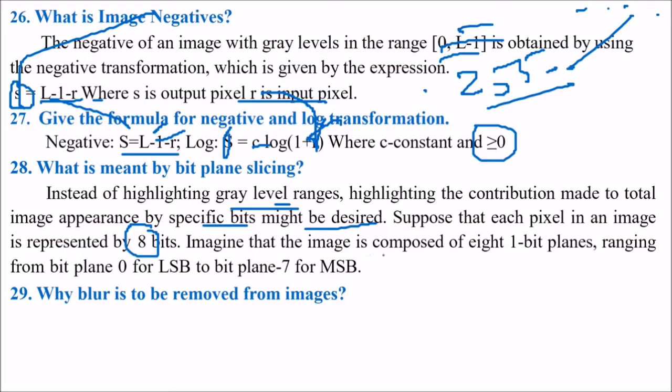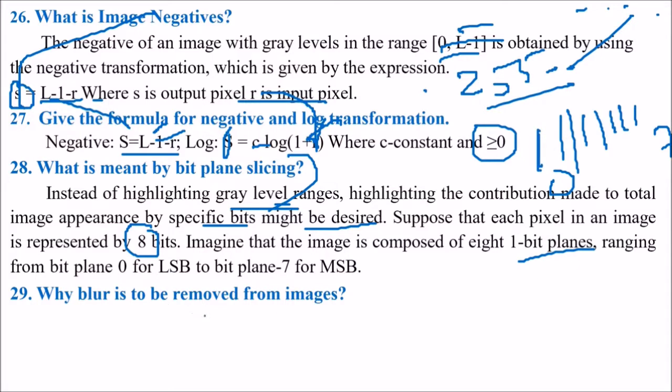So imagine that the image is composed of eight 1-bit planes, ranging from bit plane 0 for the LSB to bit plane 7 for the MSB. This is bit plane slicing, with different planes.